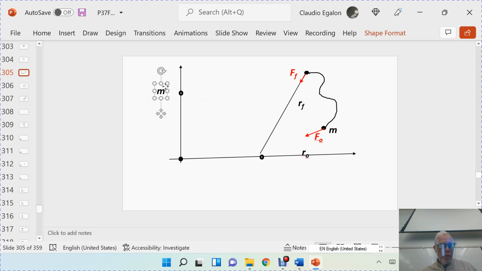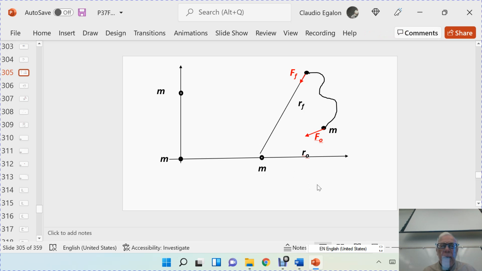Because they have the same mass, I label them with the same letter.